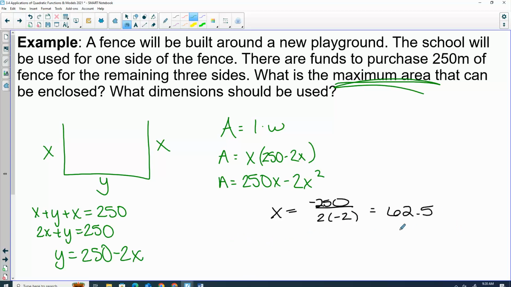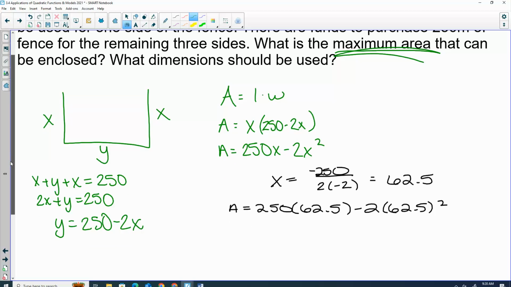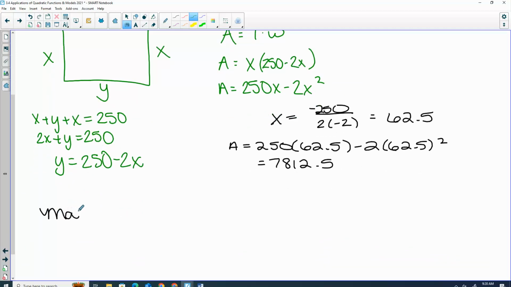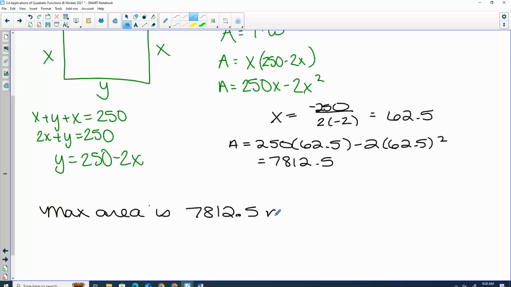So, to find my maximum area, I plug that into the area formula. My units, this was meters, area is always squared. So that's my maximum area.